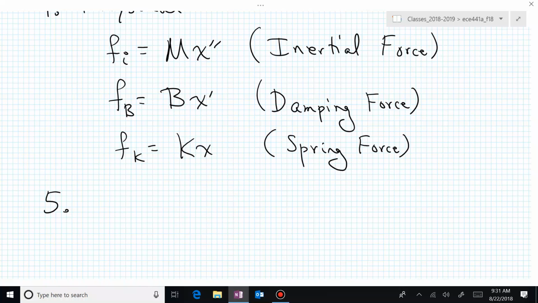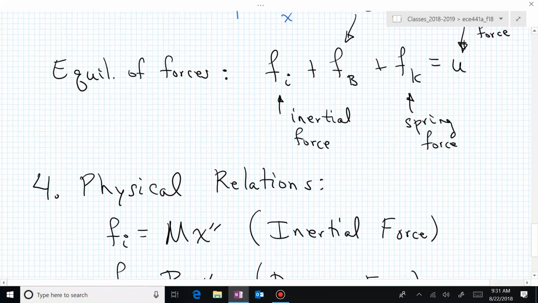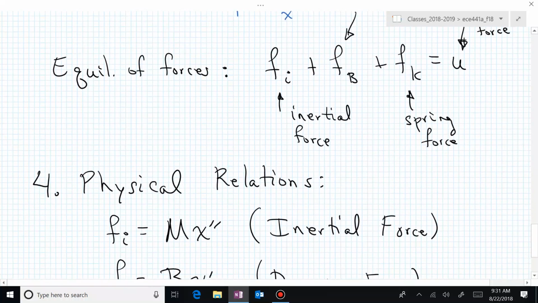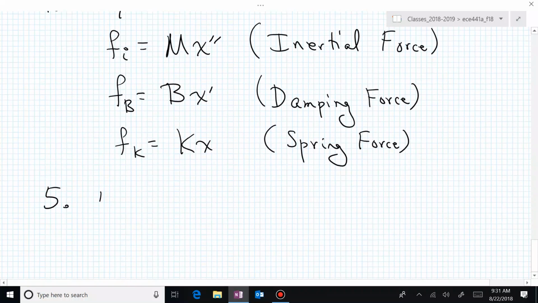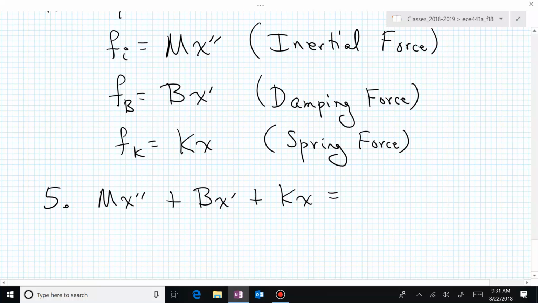Remember, the equation was the sum of F sub I, F sub B, and F sub K equal to u. Putting those together, we end up with m x double prime, where the argument is t, which I'm suppressing, plus F sub B, which is b x prime, plus F sub K, which is kx, is equal to u.